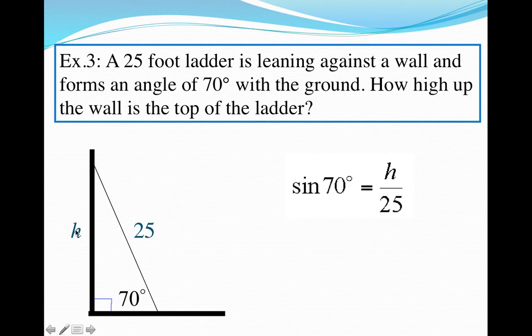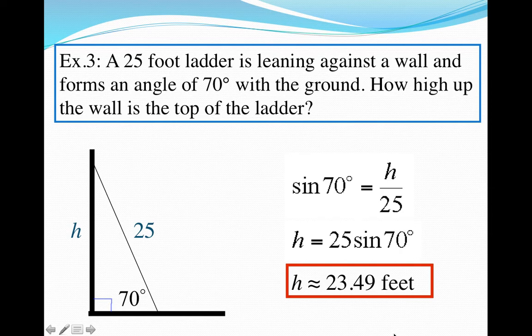So I've got opposite and hypotenuse given to me. So I want to find the sine of 70 because that's opposite over hypotenuse. Then all I have to do is multiply both sides by 25, and I find that the height is about 23.49 feet.